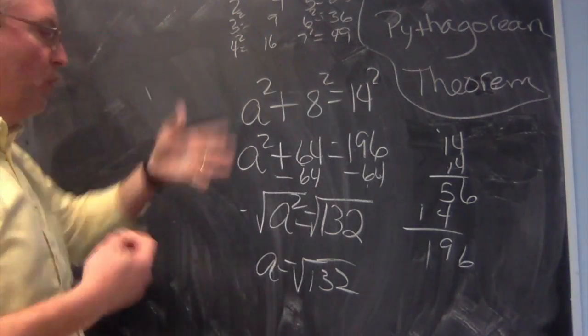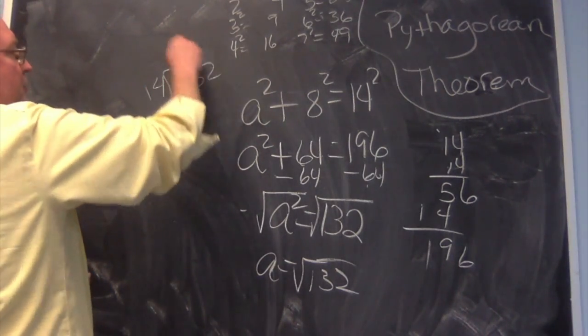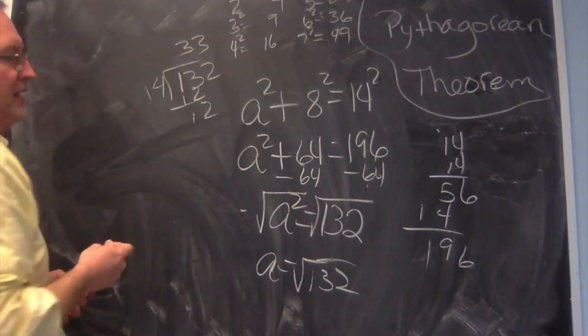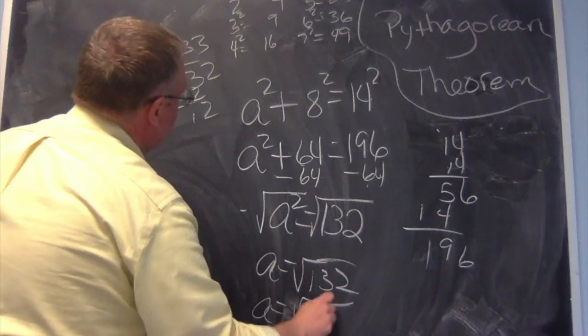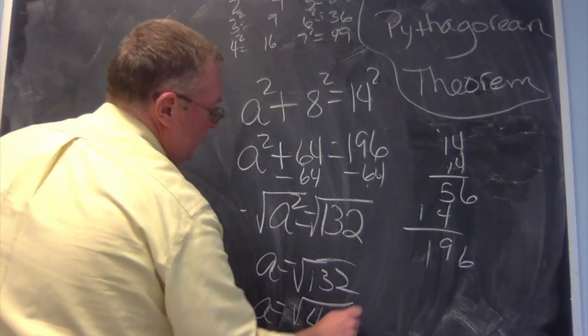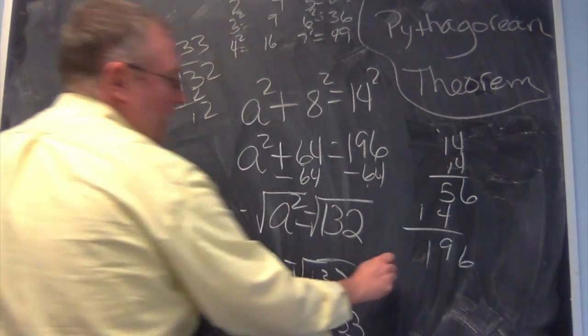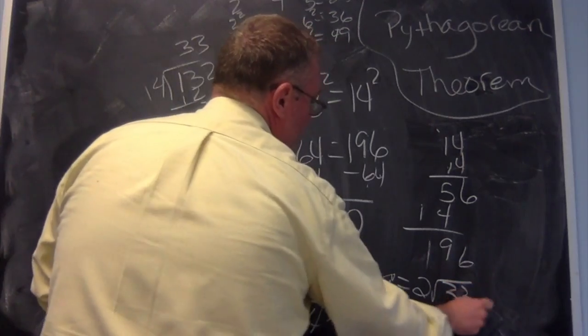Will 4 go into 132? 4 into 132, 3, 12, yes, 33 times. So I know I can do this. a equals the square root of 4 times 33. The square root of 4 is 2. So now I have a equals 2 times the square root of 33.